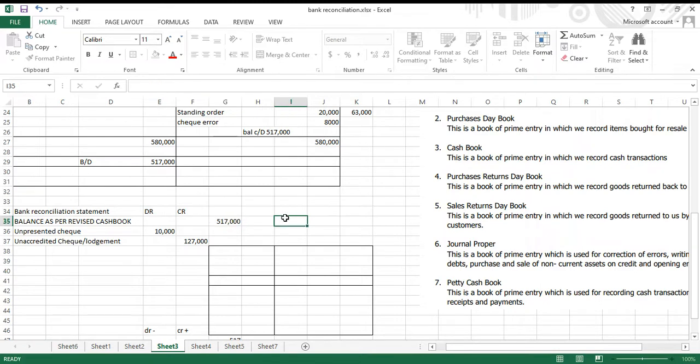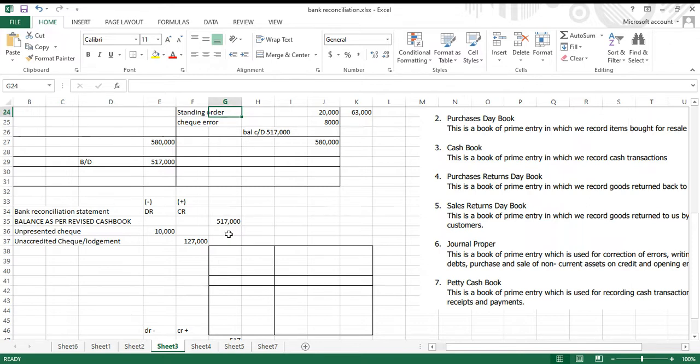517,000. So remember, debits we subtract and credits we add. Because remember, whenever the bank credits you, you are receiving money. And this credit entry on the bank statement will be a debit entry on your cash book. And whenever the bank debits you, it means it's removing money from you, and on our cash book, we'll have the corresponding entries on the credit side.